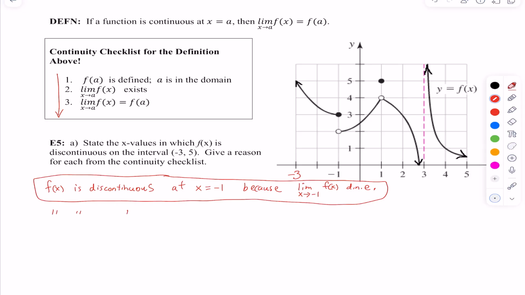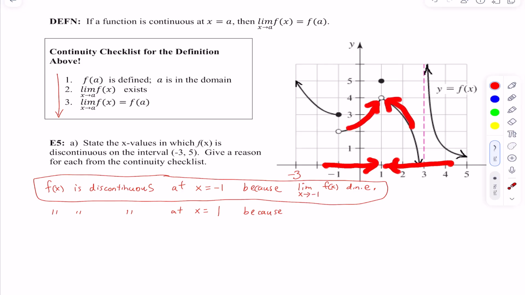f of x is also discontinuous at x equals 1. This one's a little bit more complicated. This time the limit does exist. As x approaches 1 from both sides, the corresponding function values do approach 4. However, 4 is not what we're looking for. We're hoping that it approaches f of 1.